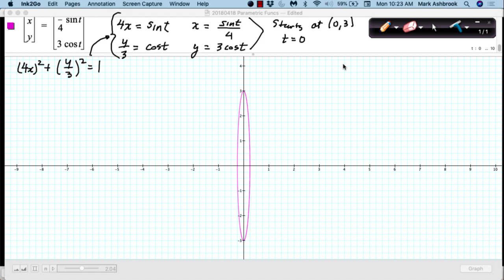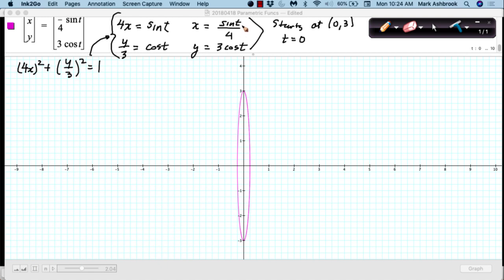Okay, what about our strategy? Let t go from 0 to pi over 2 and see how the x and y ordered pairs vary, and then from pi over 2 to pi. So where does this go? As t goes from 0 to pi over 2, x goes from what to what? Zero to 1/4.